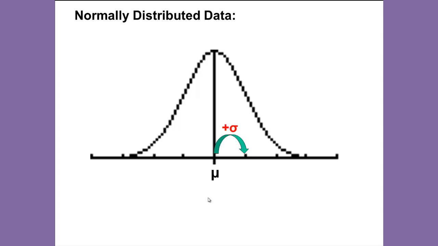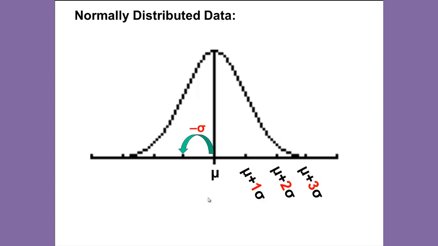One standard deviation jump, indicated by the symbol sigma, which is the symbol for our population standard deviation, then gives us mu plus 1 sigma, or the mean plus 1 standard deviation. 2 jumps and 3 jumps then give us the mean plus 2 standard deviations and the mean plus 3 standard deviations, or mu plus 2 sigma and mu plus 3 sigma.